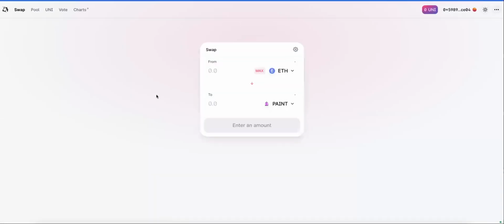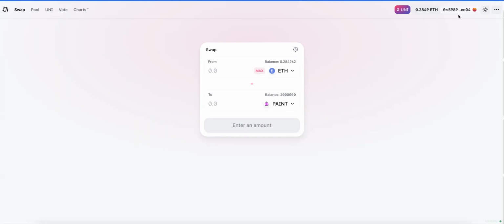So you are going to need some Ethereum in your MetaMask, right? And I already have some Paint here anyway. So whatever amount you want to buy or how much Ethereum you want to spend, of course, this will be your address on your MetaMask.